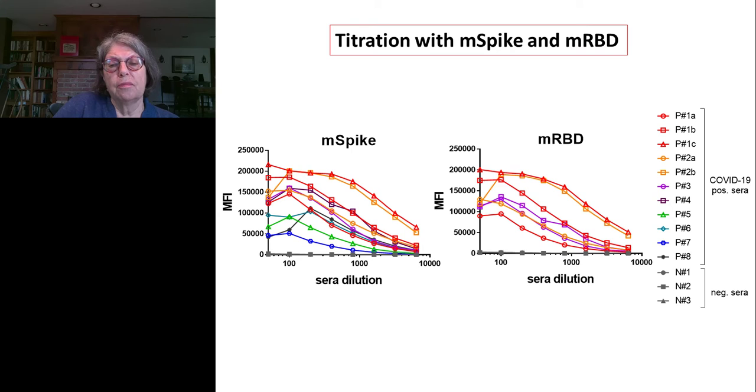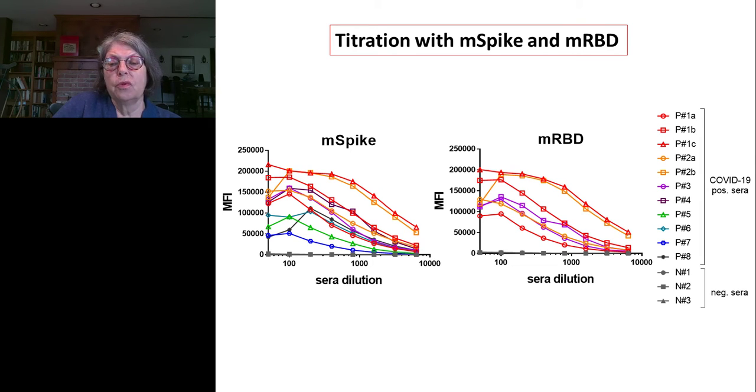So you can see these beautiful titration curves that we get when we're titrating from 1 to 50 out to a dilution of just over 6,000 here. At 1 to 6,400, we're down close to baseline with most of the specimens, but some of them still have quite high titer and will probably go out to 12,000 or even 24,000 in this particular assay.